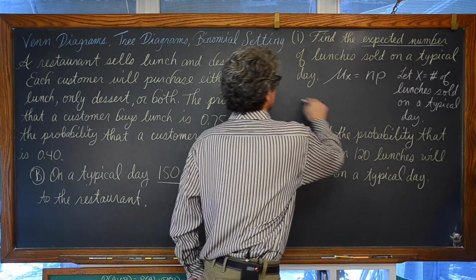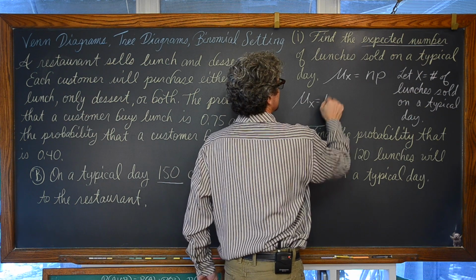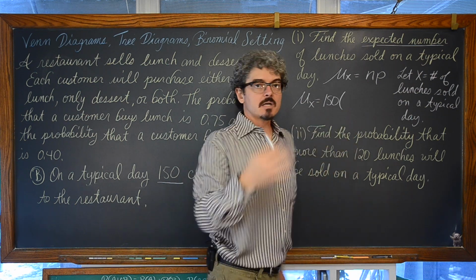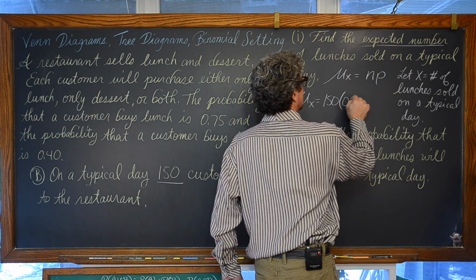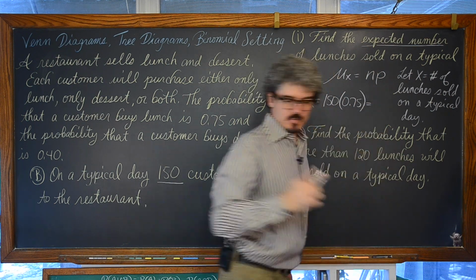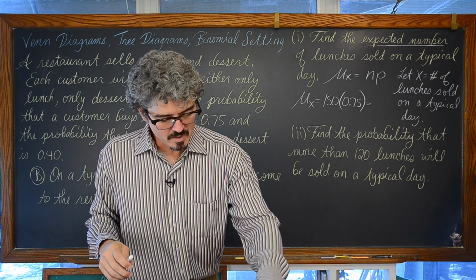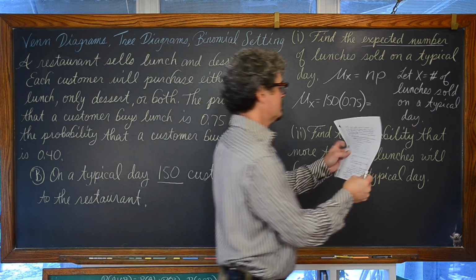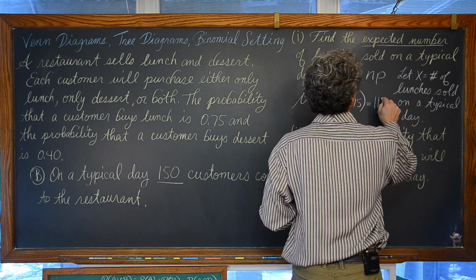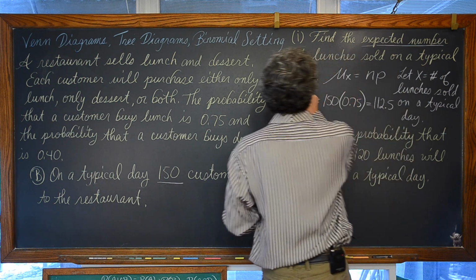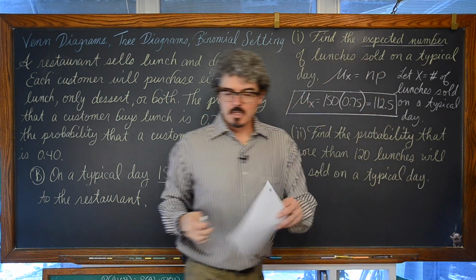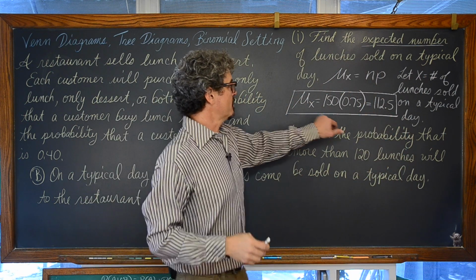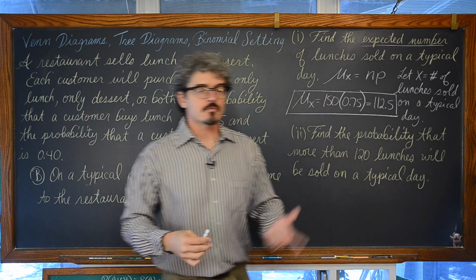Well, then the mean of x is going to be equal to 150 times that probability of them buying lunch, which is 0.75. And when you multiply those two numbers together, you get 112.5.